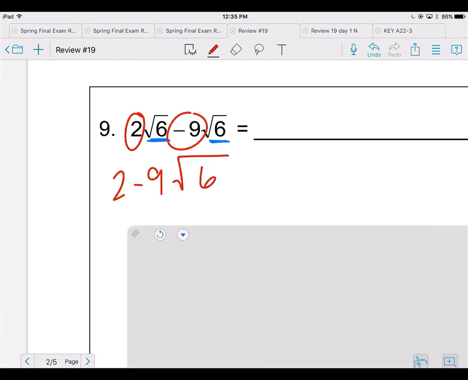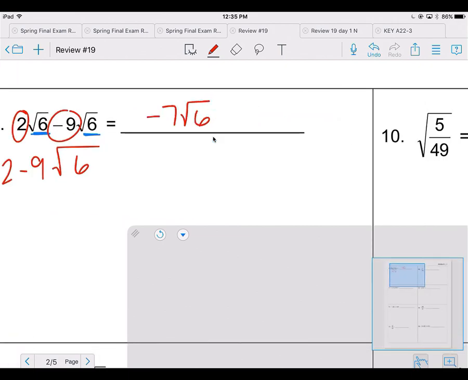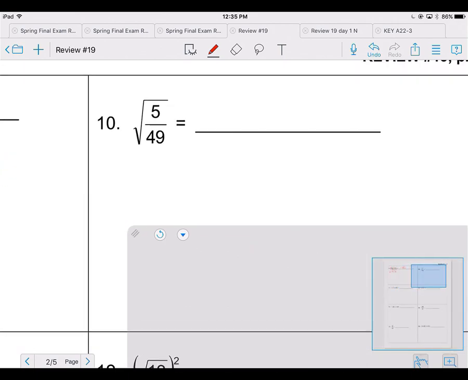So 2 minus 9 is how many total square roots of 6 I have. 2 minus 9 is -7, and my square roots of 6 stay the same. So when you're adding or subtracting, the only time you add or subtract is when you see a plus or minus sign in your problem. Otherwise, we're multiplying. If you see a plus or minus sign, make sure your square roots are the same. If they are, combine the numbers in front and keep the square root the same.